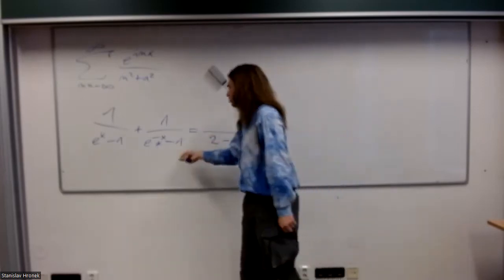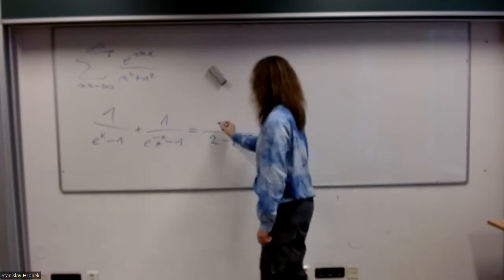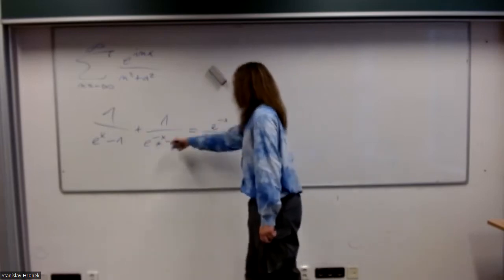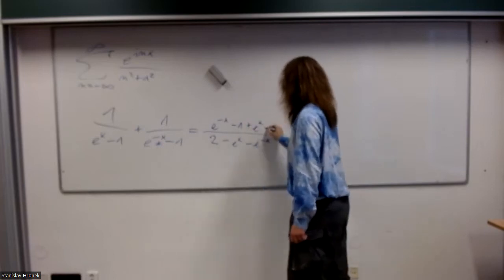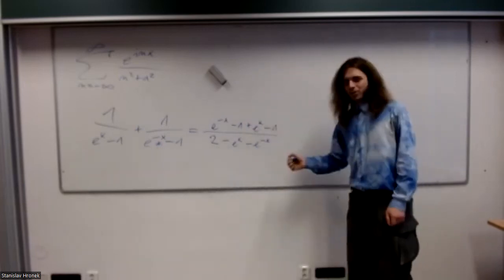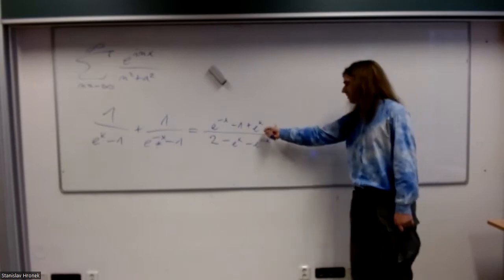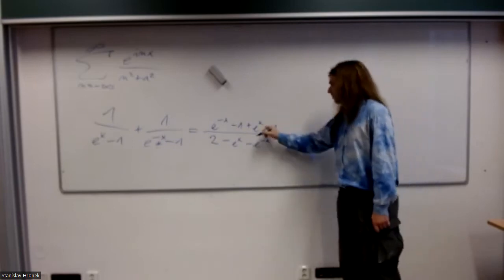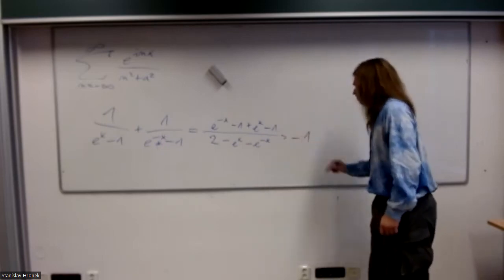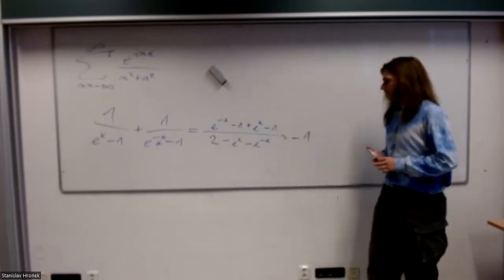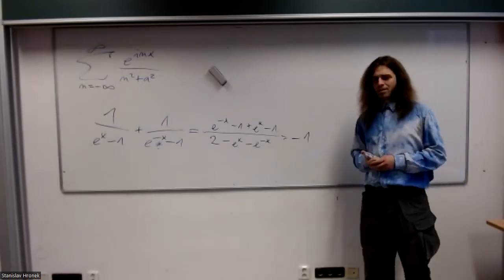In the numerator, we get the sum of these. So we get e to the minus x minus 1, and another e to the plus x minus 1. So as you can see, you get a thing that has exactly the opposite sign in the numerator, and it cancels to a minus 1.